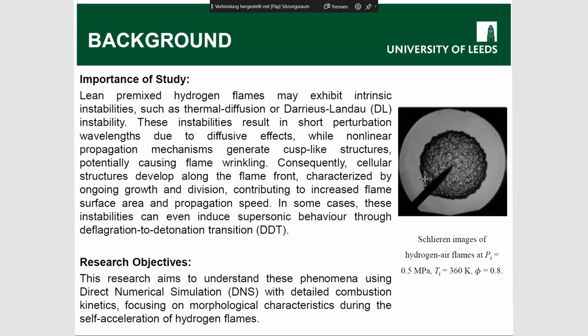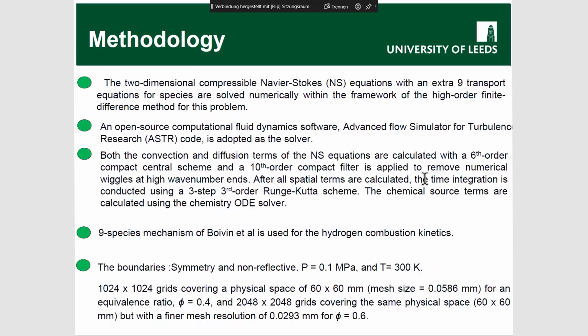We are going to use two-dimensional DNS software to study data that cannot be measured in experiments, such as more precise gas velocity, various gas species and combustion products. We also want to study the relationship between the species and the morphological structures of the flame front.